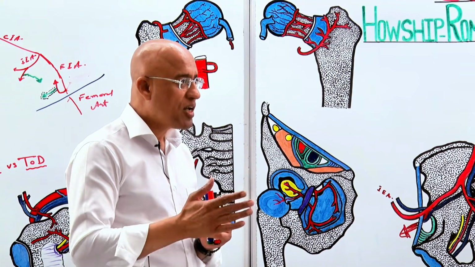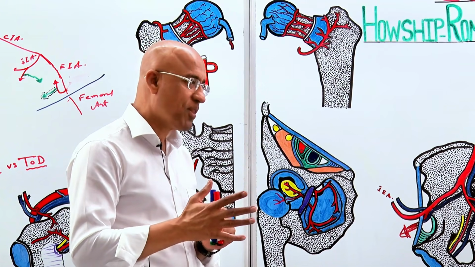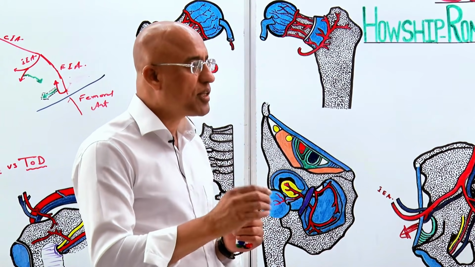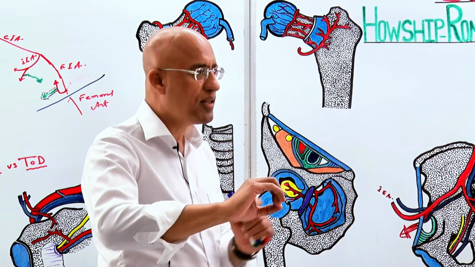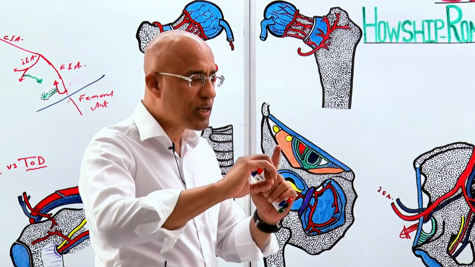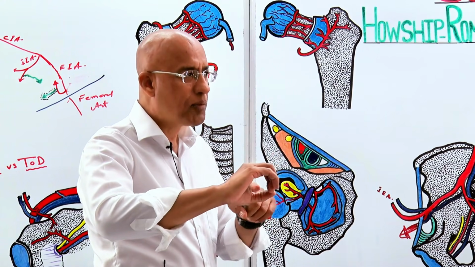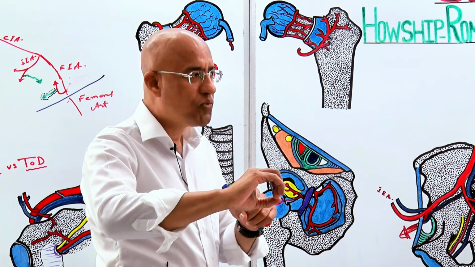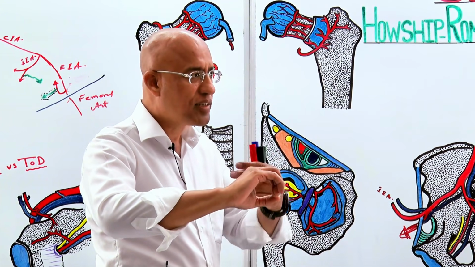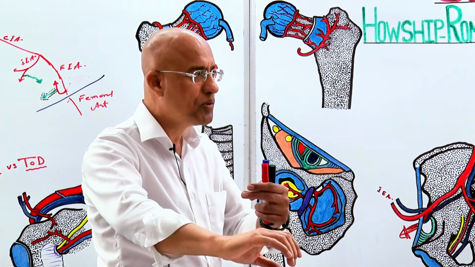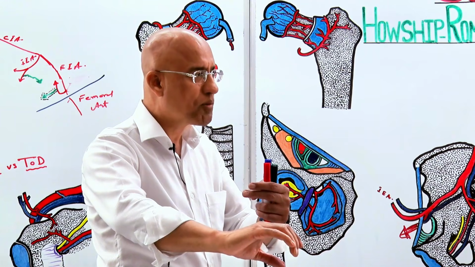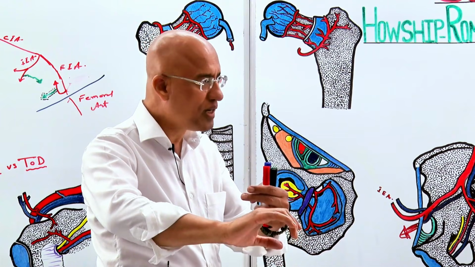So we divided the obturator artery into intrapelvic and extrapelvic. The moment it exits from the obturator canal forward, it has left the pelvis and come into the medial compartment of the thigh, right?